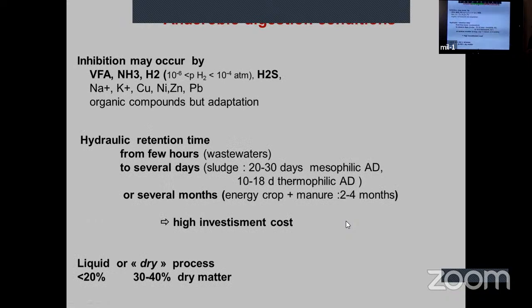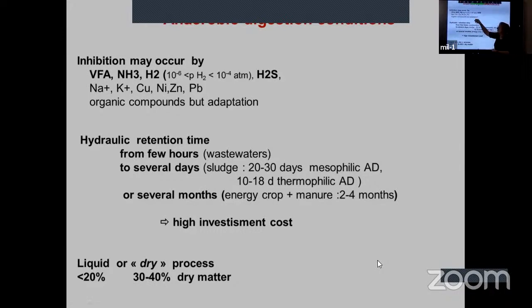There can be different inhibitions of the anaerobic digestion. First, by the VFA. I showed you previously that if you accumulate the VFA, the pH will decrease and it will inhibit the methanogens. It can also be inhibited by nitrogen, and by hydrogen, which is an intermediate reactant.